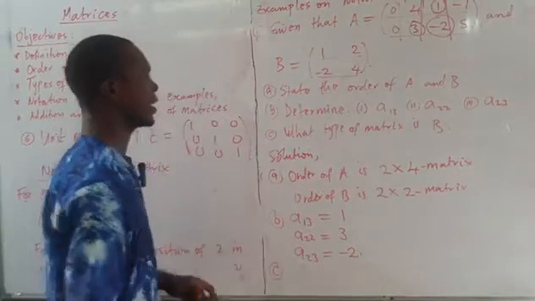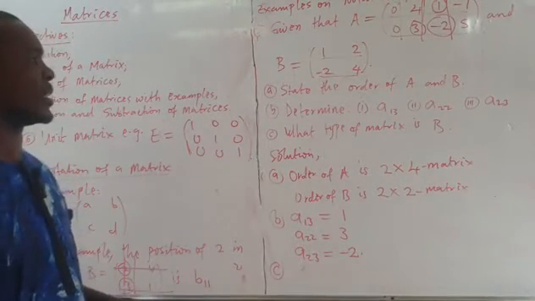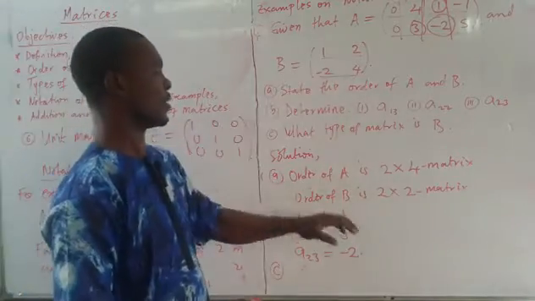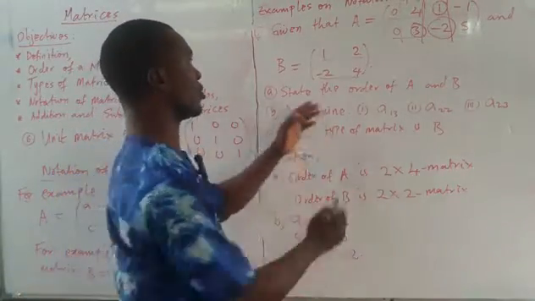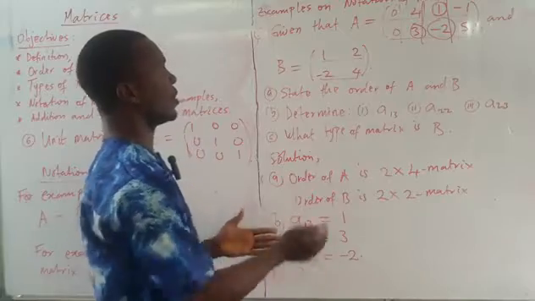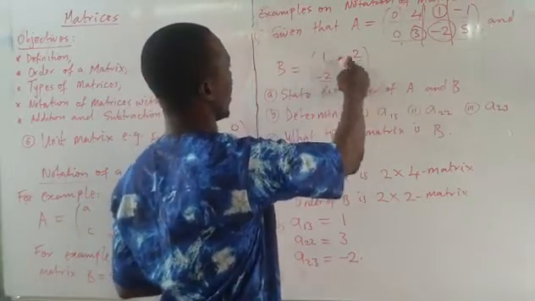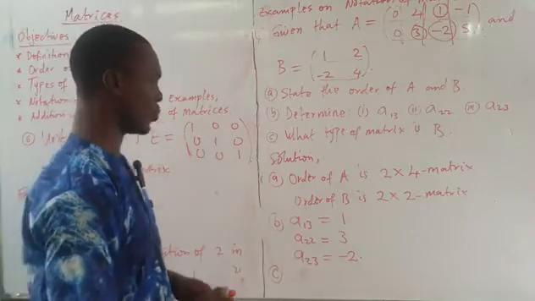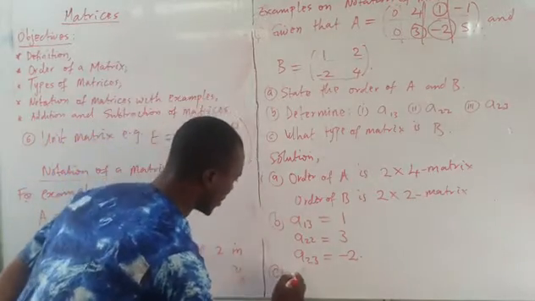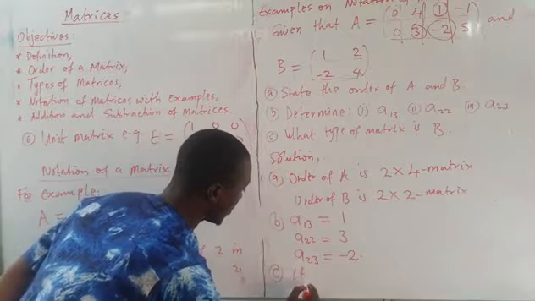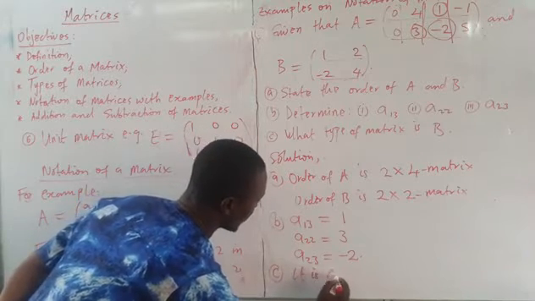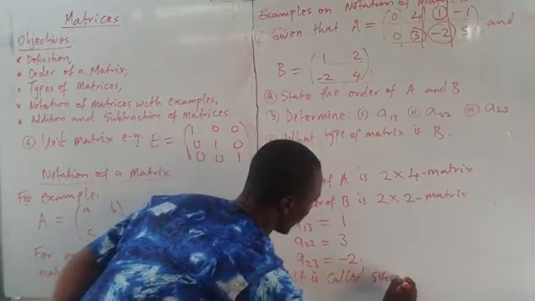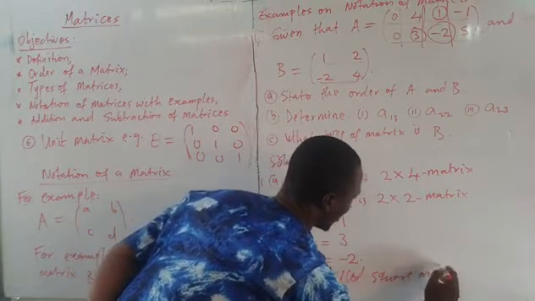Then question C says, what type of matrix is B? Before you can know the type of matrix, you check the number of rows and the number of columns. So we have the number of rows to be 2 and the number of columns to be 2. So that is a 2 by 2 matrix, which is called a square matrix.